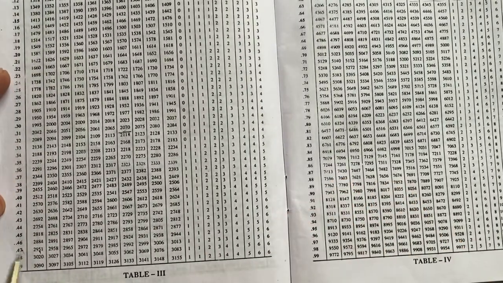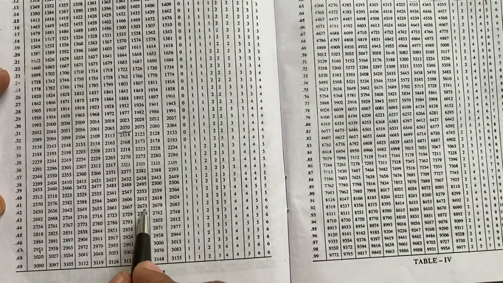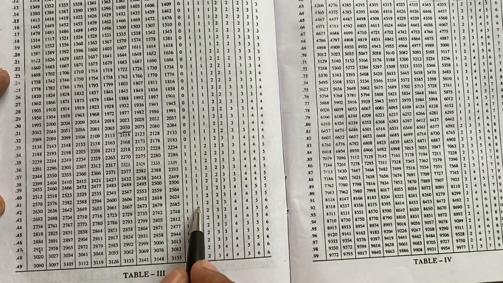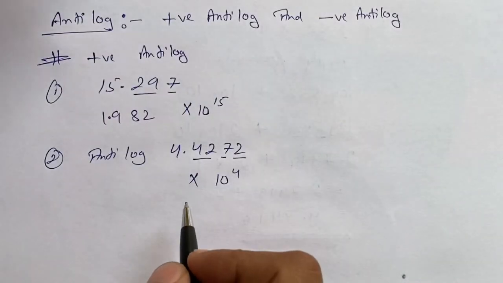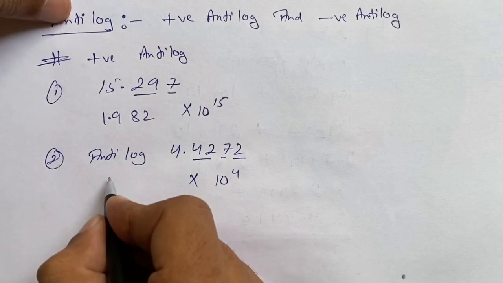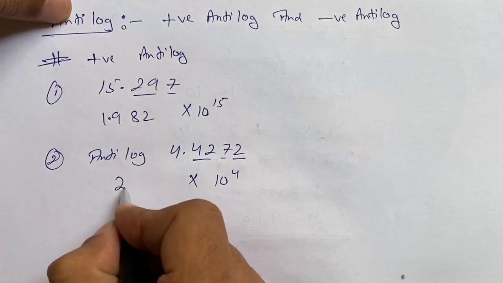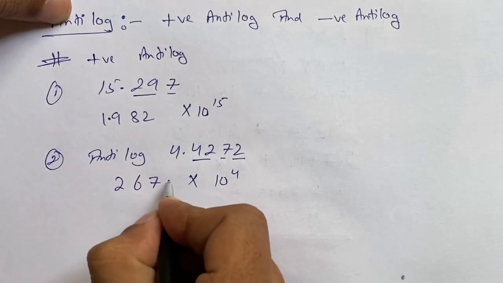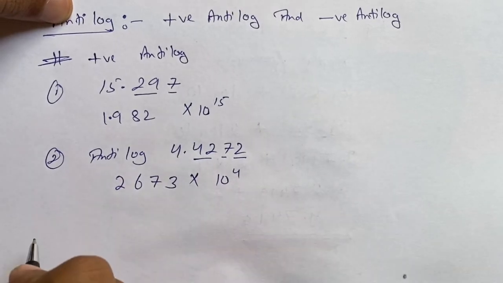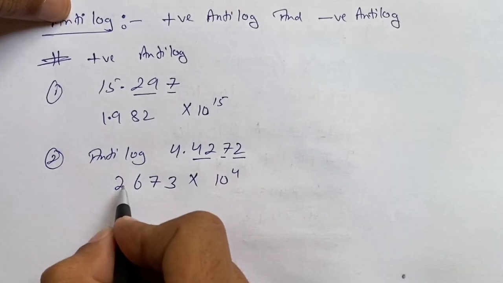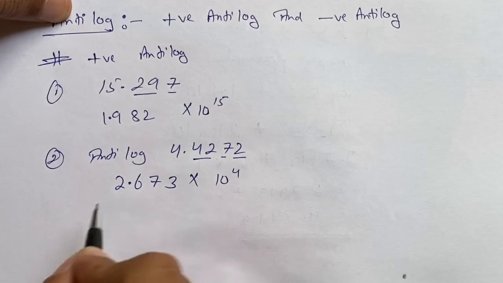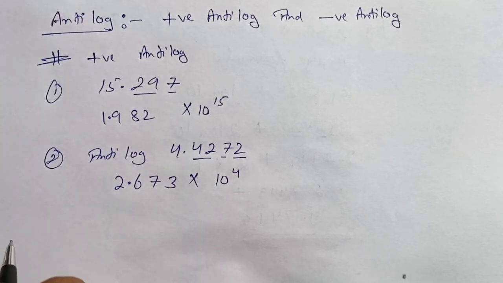Here it is 42, under 7 it comes out to be 2673, and mean difference of 2 is 1. So therefore the answer will be 2674. Point will be after the first digit. So this is example number 2 for antilog.